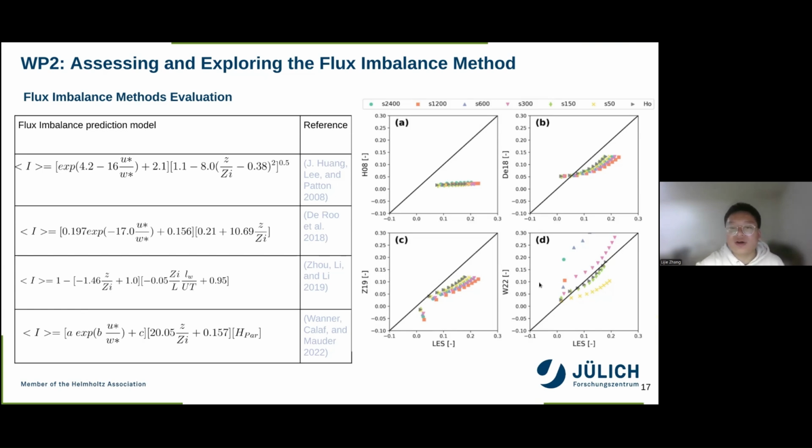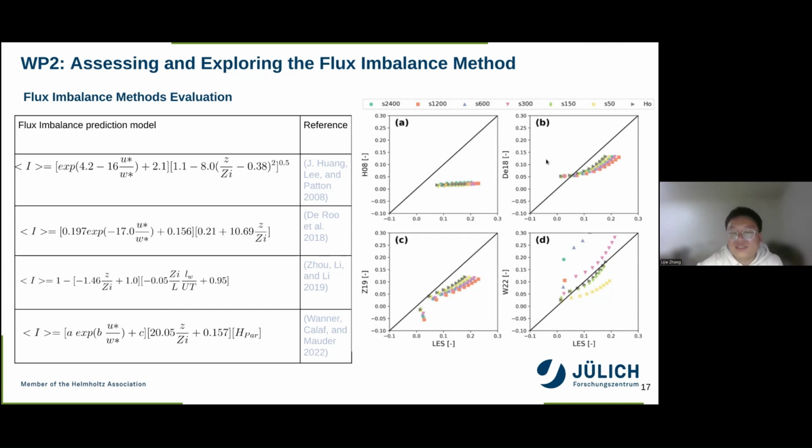On the right side, we found that H08, the first one, has the worst performance, but the second and third ones, the 18 and the Z19, have quite similar performance: good at the lower part and a bit of overestimation with increasing height. The last model has the best performance here, but only when the heterogeneity scale matches our model setup here.